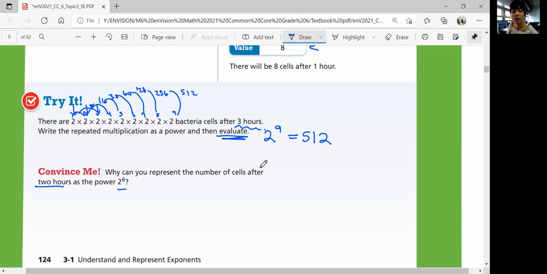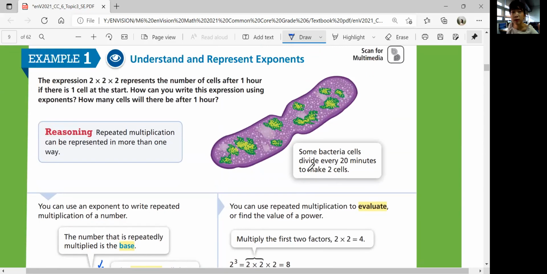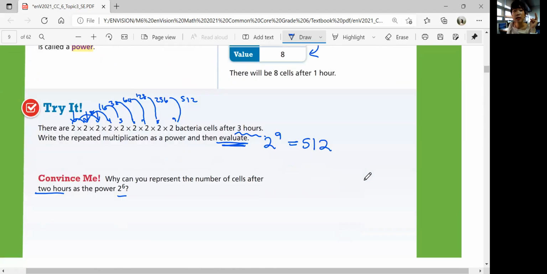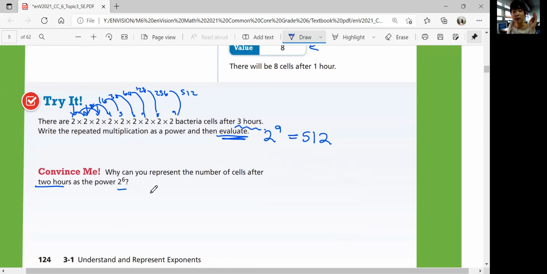So each hour contains how many 20-minute periods where the bacteria divides? 20, 40, 60. So 60 minutes would have 3 20-minute periods, right? So there are 2 times 3, 6 periods in 2 hours. So the exponent is 6. So the bacteria divides 6 times. So let's record that.